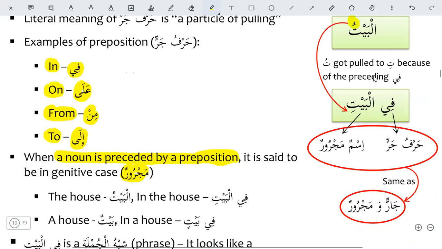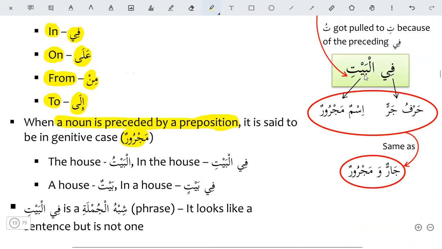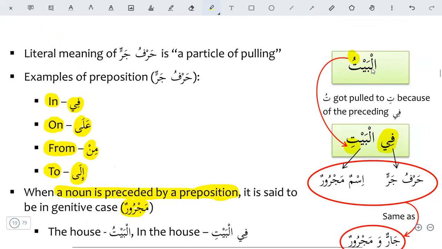When we use a preposition before a noun, fi, any suitable preposition, it will become fil baiti. It will take kasra here. See the difference? Al baitu, after the use of the preposition, becomes fil baiti.